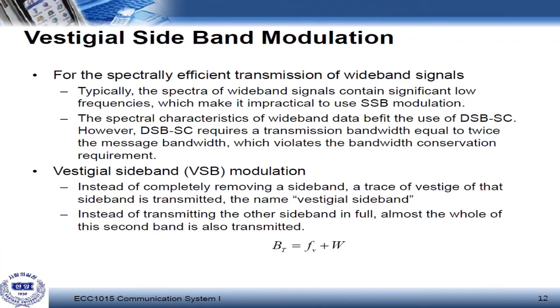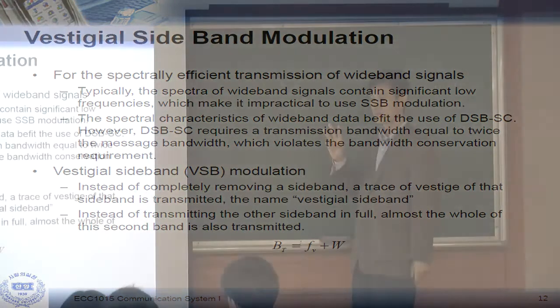Now this is the last different modulation of amplitude modulation. So far we discussed three different amplitude modulations, right? Some basic, like a DC addition amplitude modulation, double sideband, and single sideband. Okay, which one is the best?